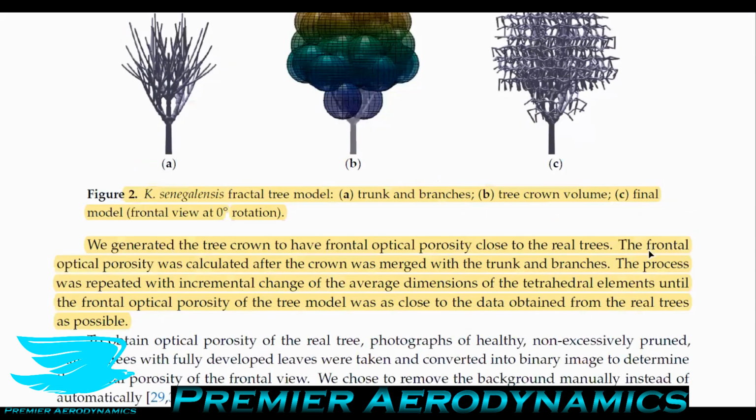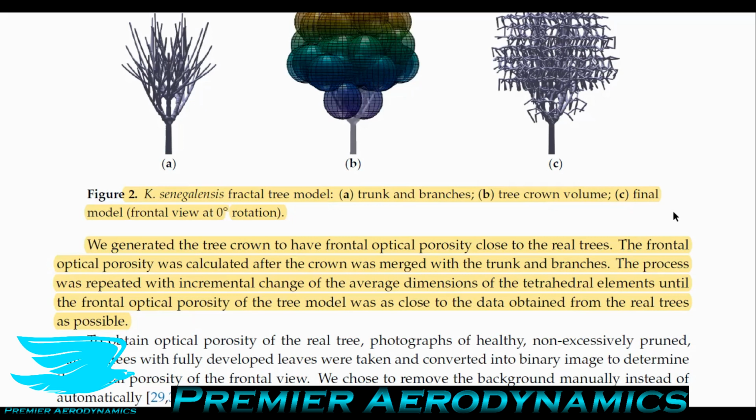And the optical porosity is, I'm not too sure because they go into it a bit later where they compare optical porosity compared to aerodynamic porosity. And it's about a 3-to-1 ratio, in terms of the aerodynamic porosity is about 3 times greater than the optical porosity. I'm not sure what the difference is. I think the optical porosity is, if you know, let me know.